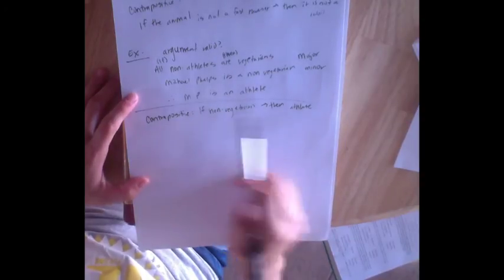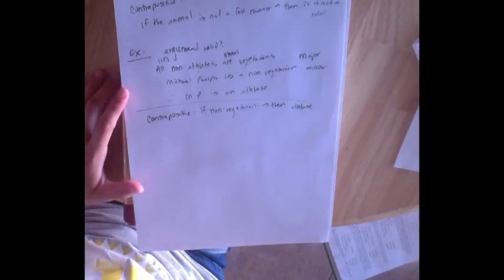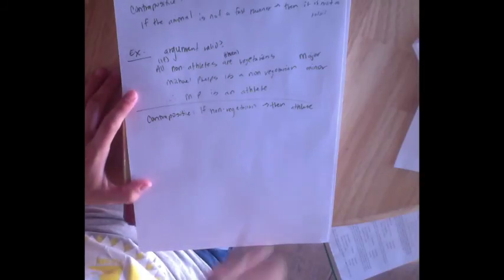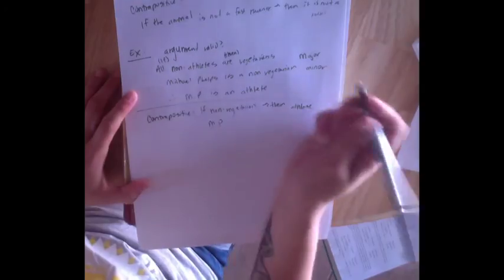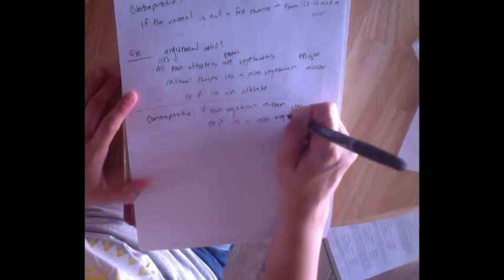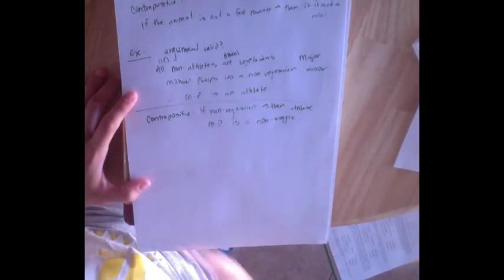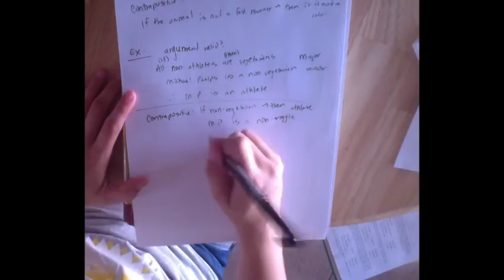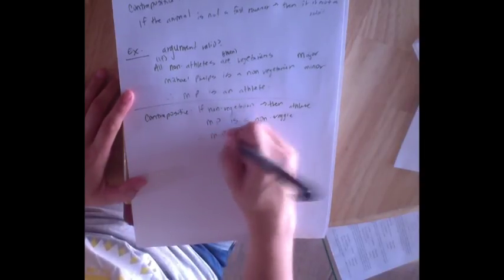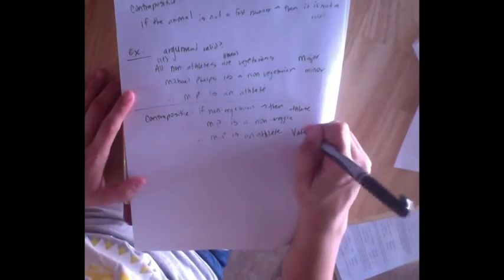So, if non-vegetarian, then athlete, which is the contrapositive to that statement, then we say Michael Phelps is a non-veggie eater. He's a non-vegetarian. So, therefore, we can say MP is an athlete, and this is a valid argument.